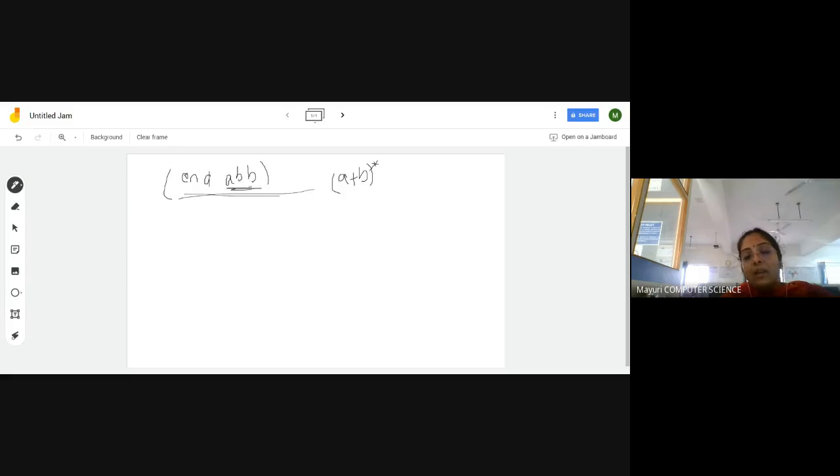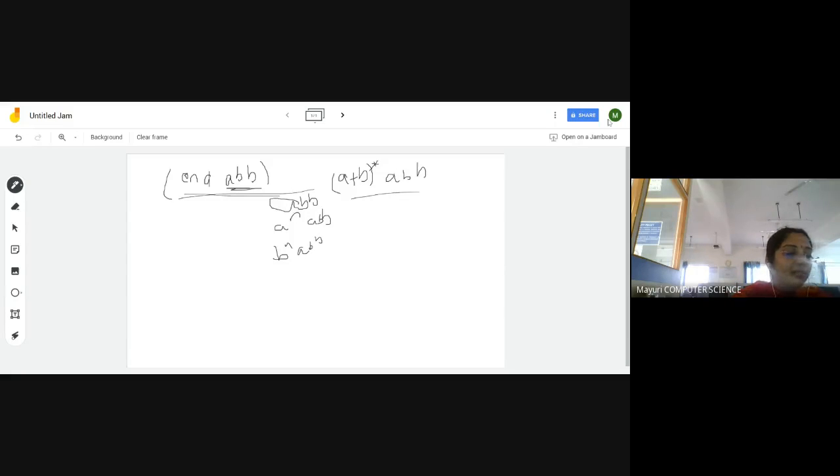Ending with ABB, when the length is null, even ABB is one of the strings, or it may be A power n ABB or B power n ABB. That's why there is a star over here. So it is the set of all strings of A's and B's of any length ending with ABB.